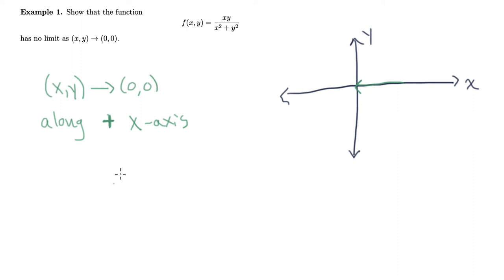How do I actually do that in the limit? If I'm approaching along the x-axis, the y values are going to be 0. So my limit as (x, y) approaches (0, 0) in this case is the same as the single variable limit as x approaches 0 from the right, where I just plug in 0 for y.